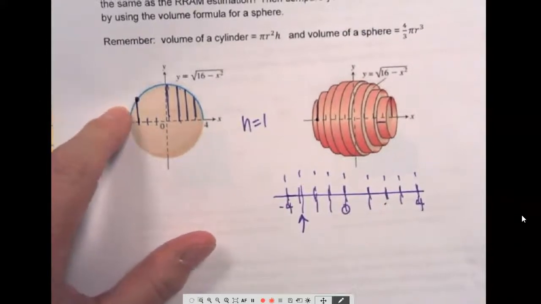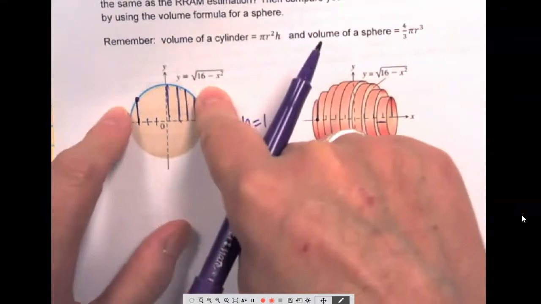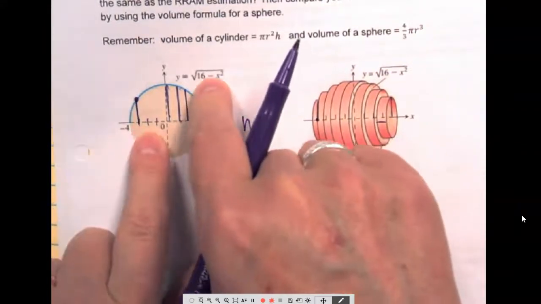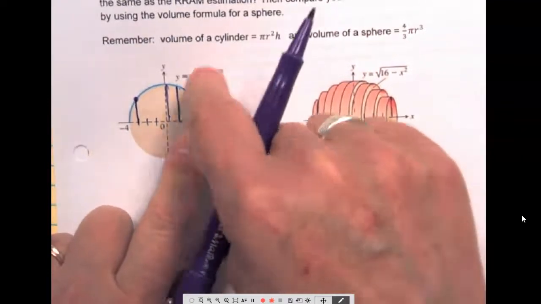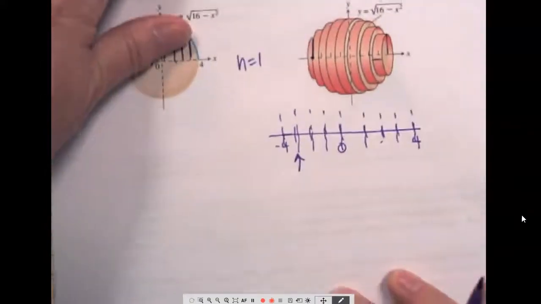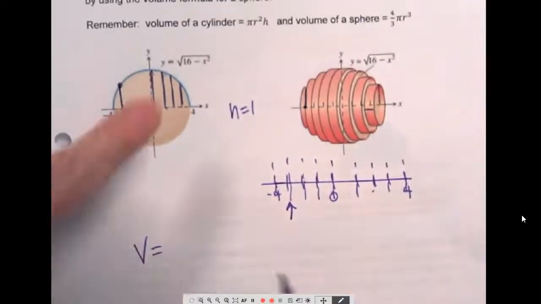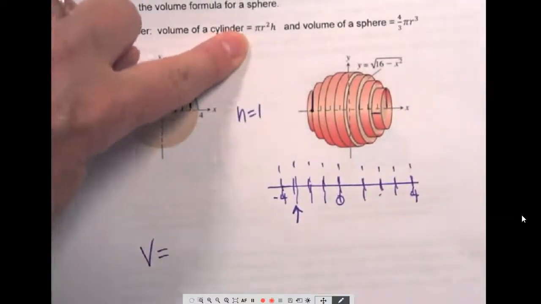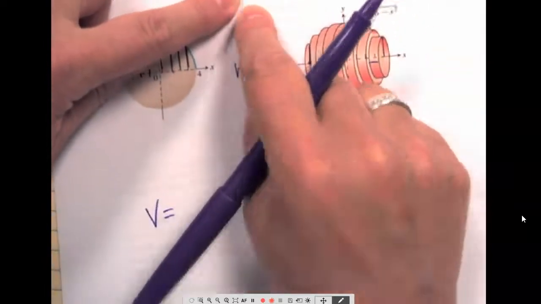How do I know what that is? It's whatever I get if I sub 3 in the function. Moving along, I would sub -2 in the function. I would sub -1 in the function. 0, 1, 2, 3, 4 to get the radius. Okay, so this is how I'm going to calculate the volume. It will be a whole bunch of cylinder volumes added up. Okay, notice that pi is in each and every one.